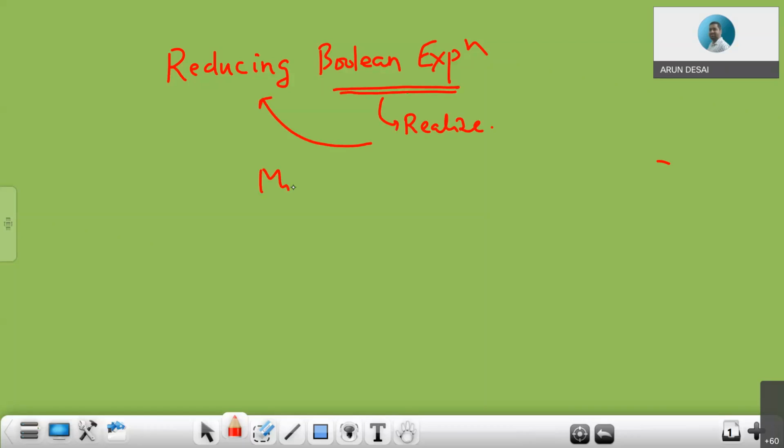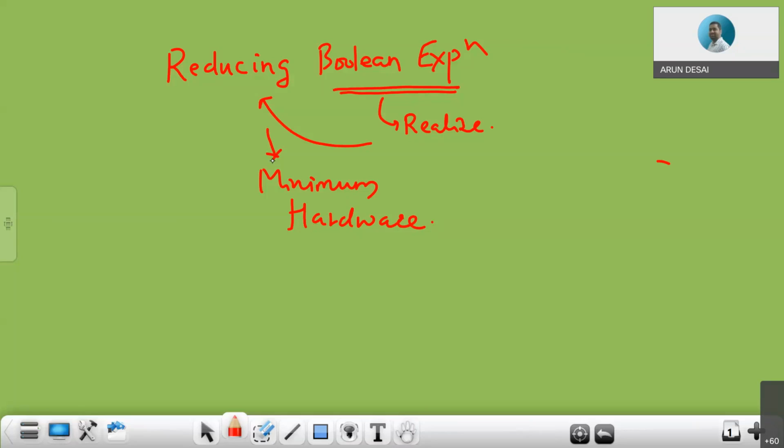For minimum hardware. Why reduce the Boolean expression is to minimize hardware, right? So to realize things in digital circuits, Boolean expressions are reduced to minimize hardware.